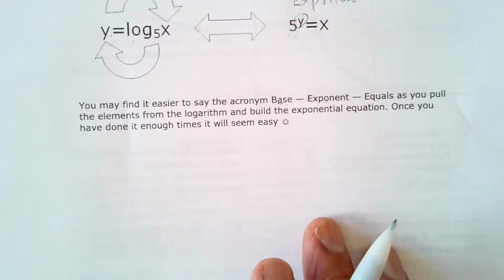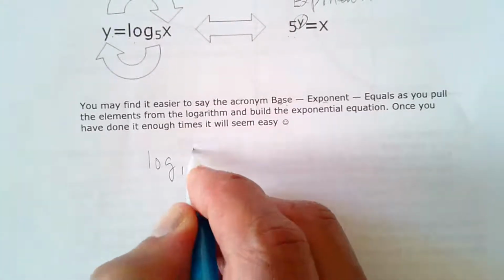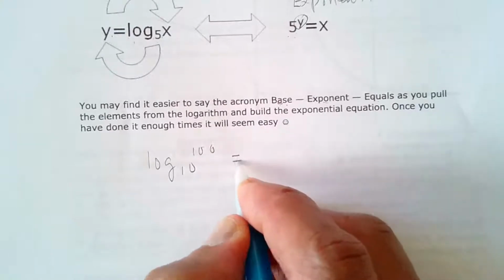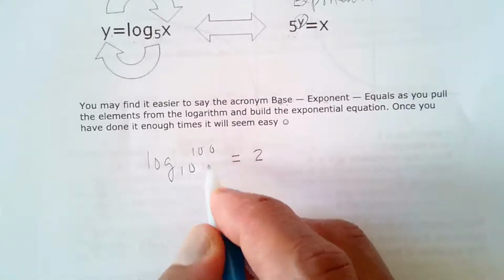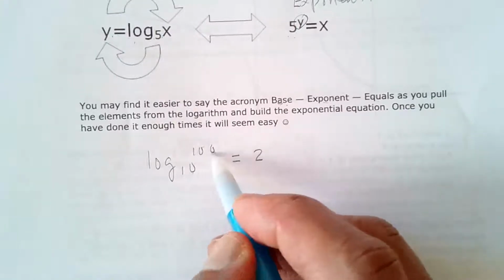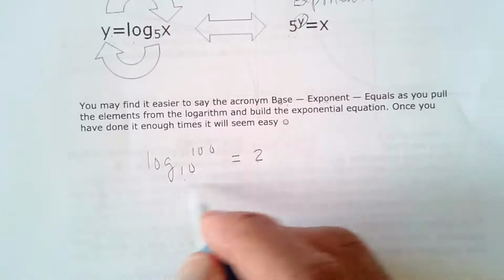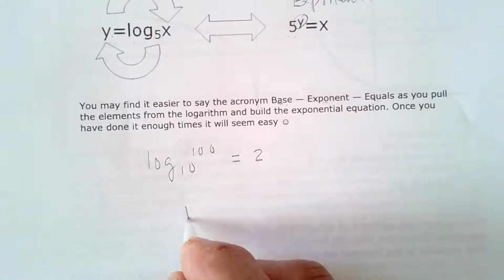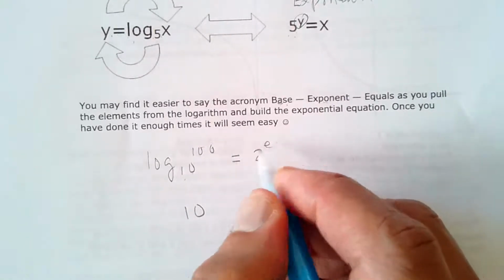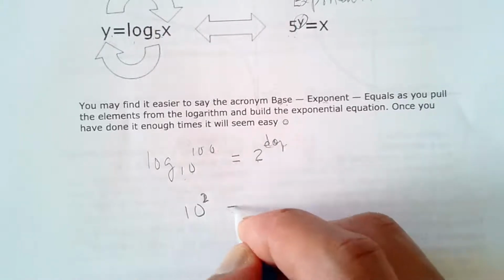Let's look at the actual example. We have log base 10 of 100 is equal to 2. In other words, we're saying log of base 10 of 100 is equal to 2, because if you write this in exponent form, it will be 10 to the power of 2.